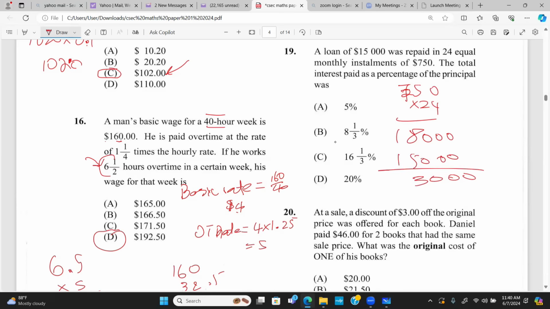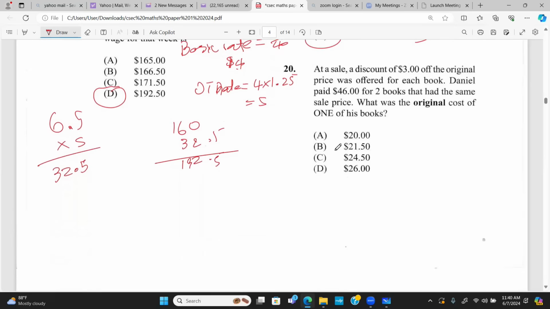So they made 3,000 off you. So 3,000 over your 15,000, times 100, turns it into a percent. So this is actually 20%. There you go, that's 20% for that one.